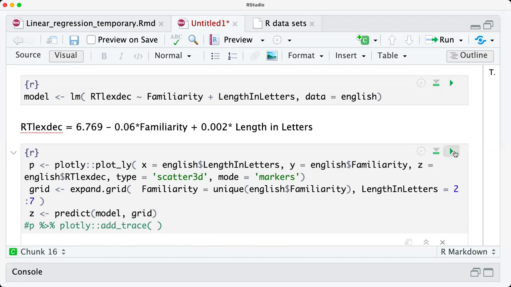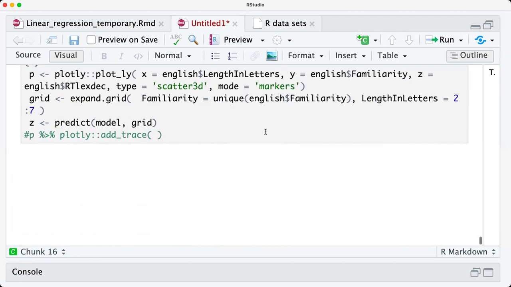Then I can predict Z, and I can plot also the plane.